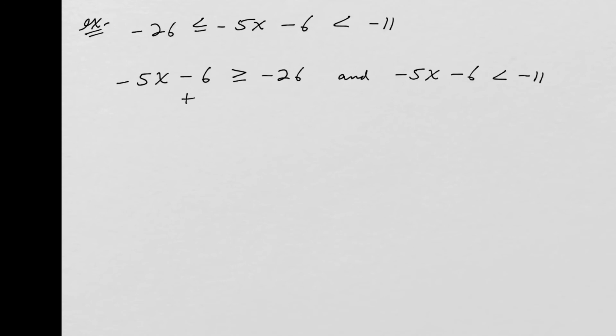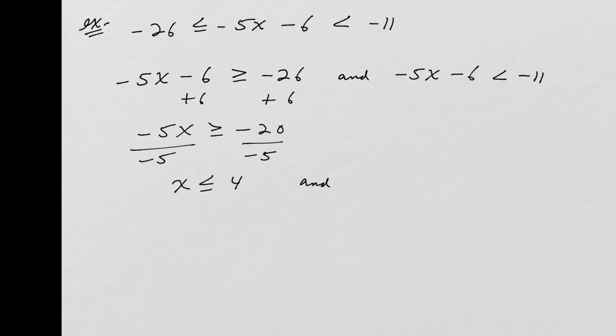So to solve this, I would add 6. We're going to get the same answer, but let me just walk through this. So I have -5x greater than or equal to -20. Now I need to divide by -5. So this is x is less than or equal to 4. And on this side, I have plus 6, plus 6. So -5x is less than -5. Divide by -5, and I get x. Since I divide by a negative, I have to flip that, right?